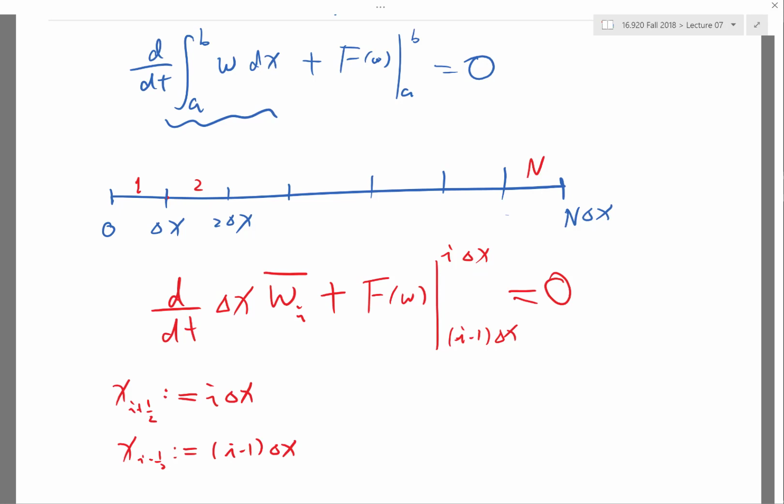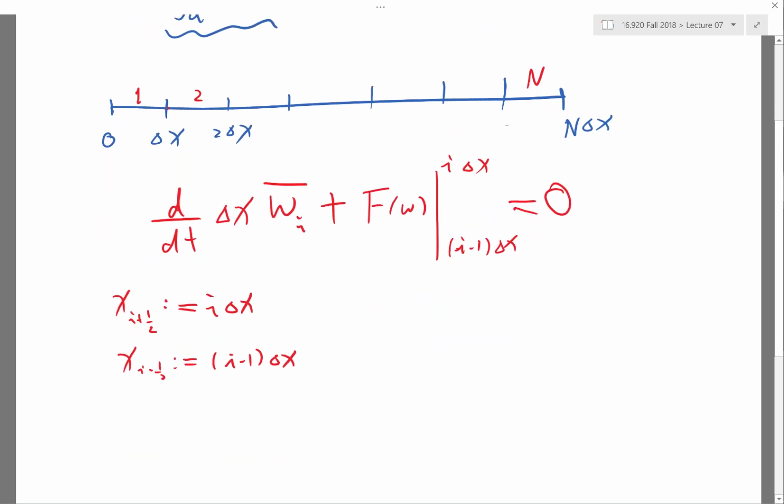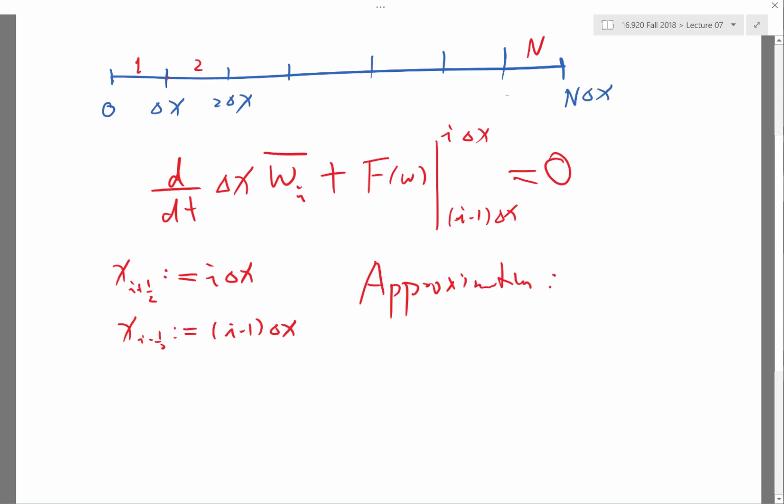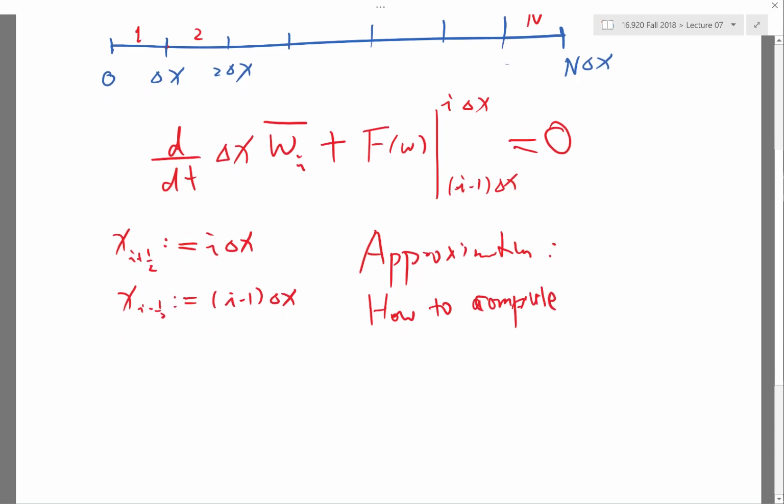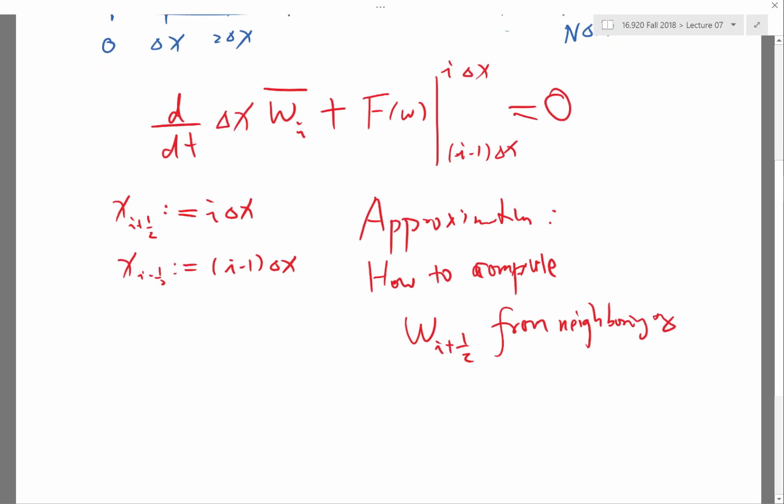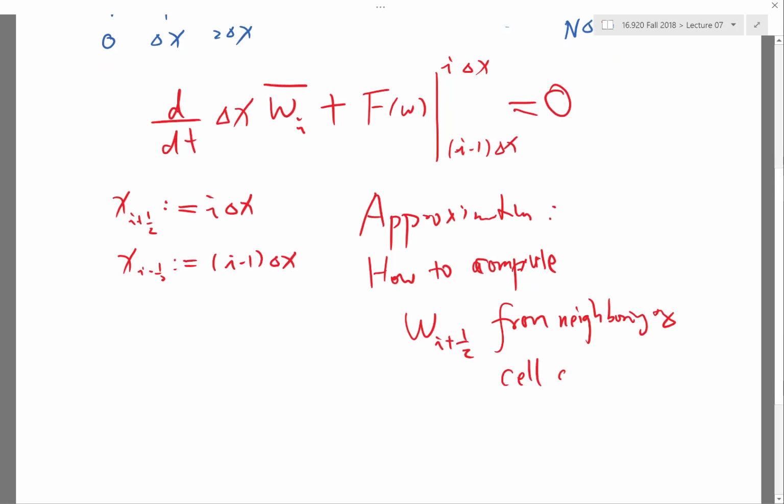So the approximation finite volume has to make is: how can I compute w at i plus half from neighboring cell averages?